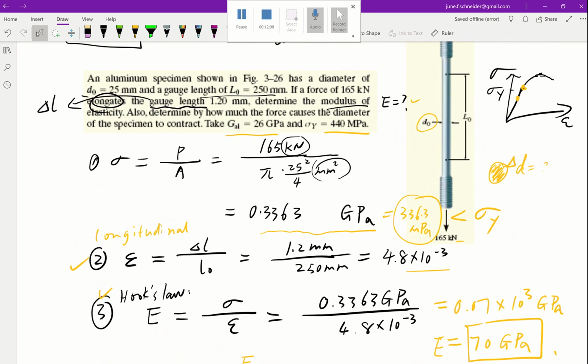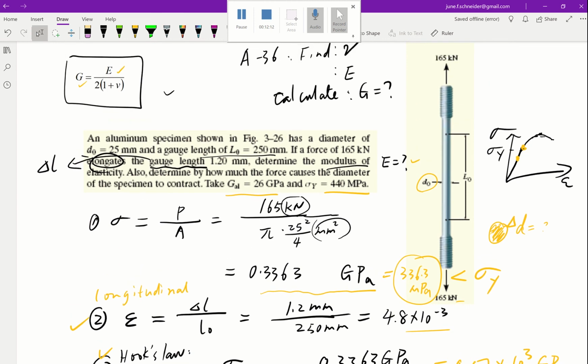Thinking about this actually happening in real life, you can put the specimen there and apply forces and measure how much it has elongated, and then you can find E, and if you know the G, then you can find Poisson's ratio. Then you can actually measure the contraction of the diameter size. All right, that's all for this problem, and I'll see you in the next one.